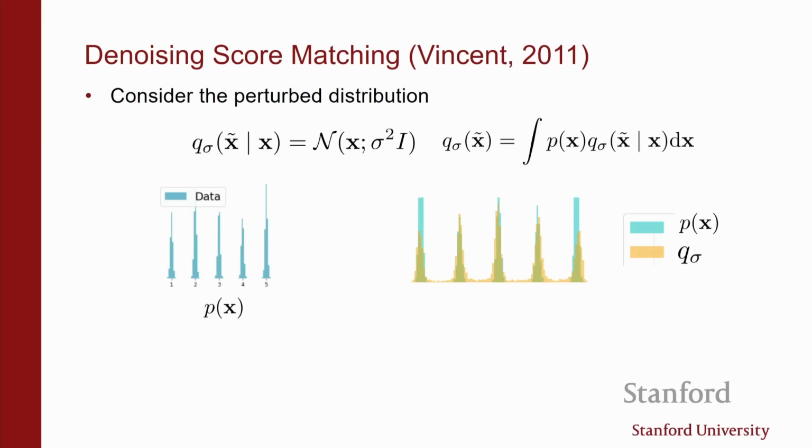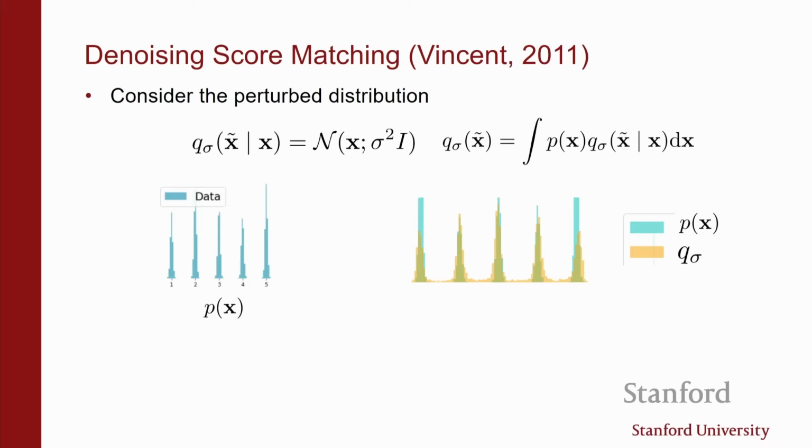And there's two approaches that we're going to talk about. The first one is called denoising score matching. And the idea is that instead of trying to estimate the gradient of the data, we're going to try to estimate the gradient of the data perturbed with noise.